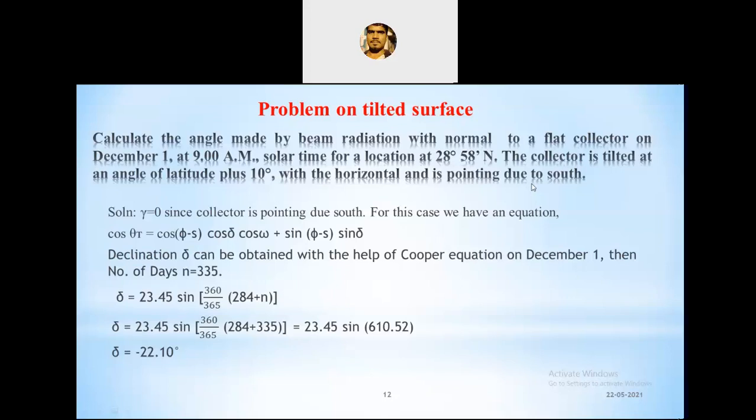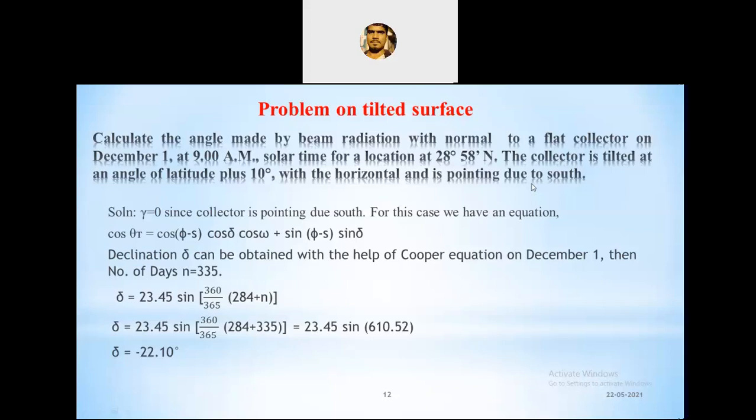Out of 360, that n value is approximately 335. So December 1 will become the 335th day of that year. n is the number of the day in that particular year. So here December 1 is taken, so n is equal to 335.